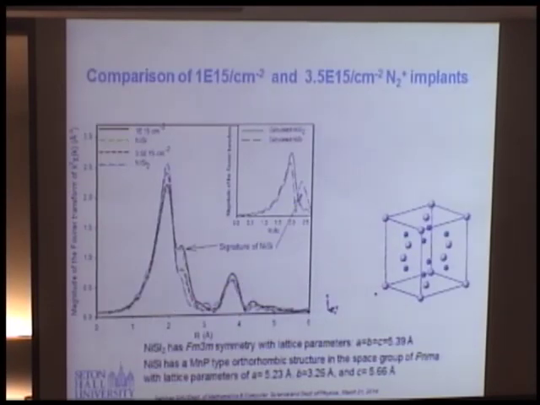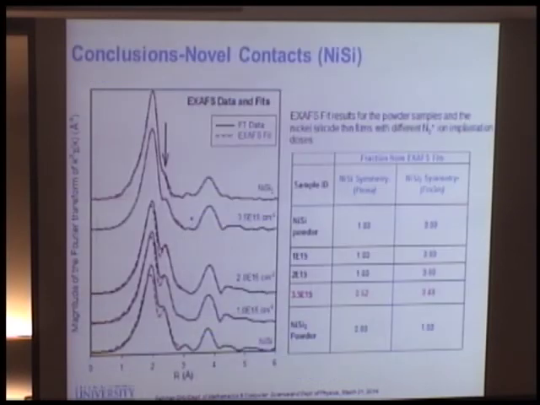It turned out, we didn't do the DFT calculation on this one because it was very simple. It was a very robust feature that I could do my fits with. And then eventually we found from the films that we got 50% nickel silicon, 48% nickel silicon 2. So they know how to get those, and now I can tell them, hey, in your sample, you have this amount of nickel silicon 2.